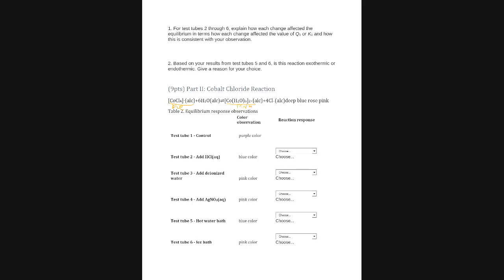So all you have to do, basically, is that you have the control here, the color. And then you're going to look at, okay, what happens if I add hydrochloric acid? It says blue. Who is blue? The reactants. And then based on the color, you know the reactant is blue and you know the product is pink. And based on that, you will answer your questions.